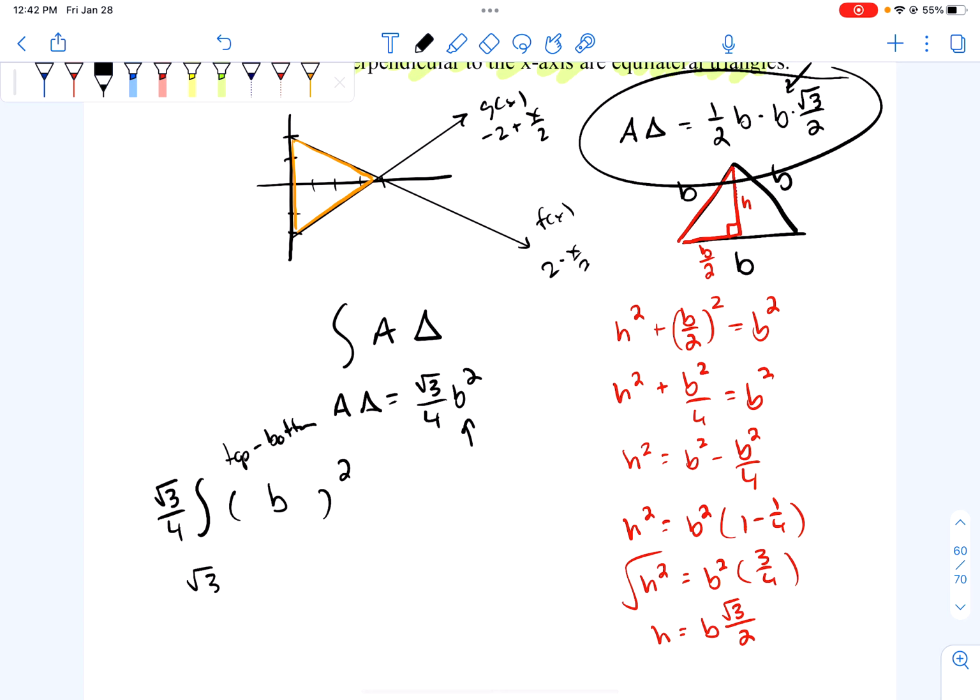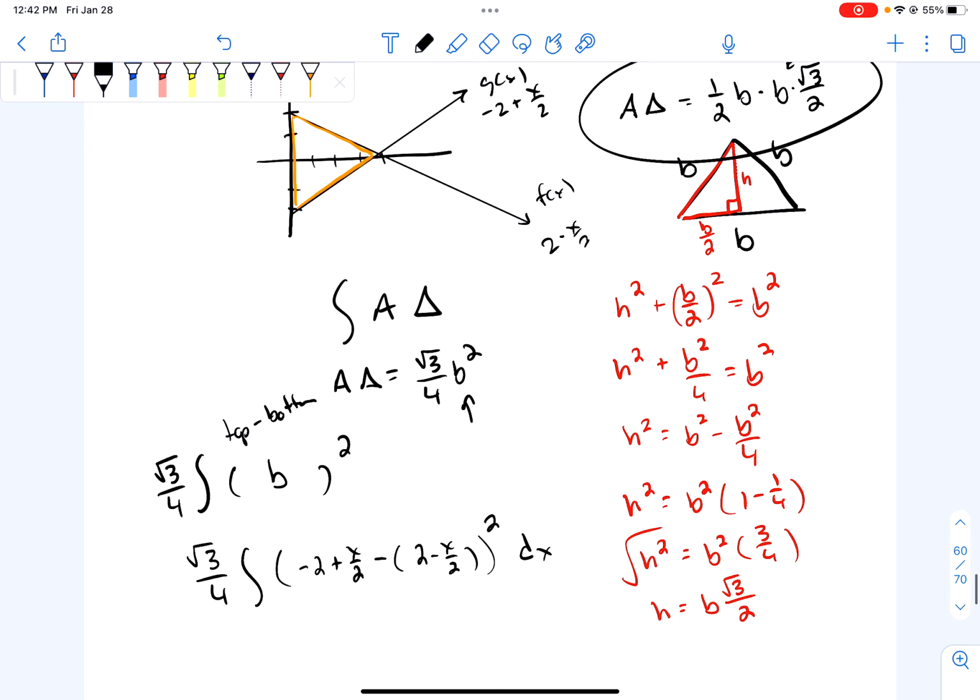So I rewrite this: root 3 over 4 integral, my top curve was my -2 plus x over 2, and I have to minus my bottom curve, which was 2 minus x over 2. And all of that has to get squared because my formula for area wants me to square it. And then I've got a dx right here. And I'm missing, what am I missing? Oh, my limits.